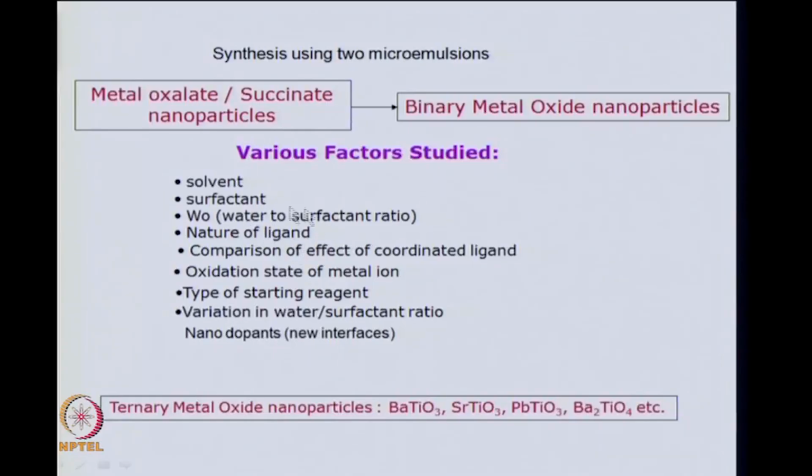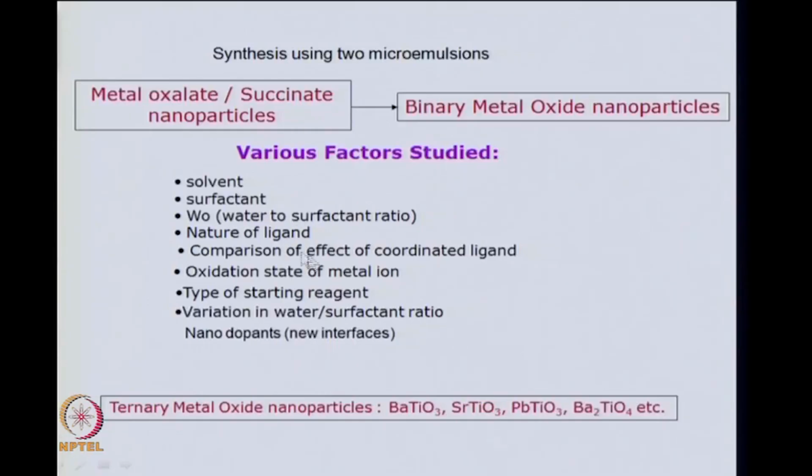The nature of the ligand is important, what kind of ligand you want to attach to the metal. For example, is it a carbonate ligand, is it an oxalate ligand or succinate, that will affect the dynamics during the mixing of the microemulsions.